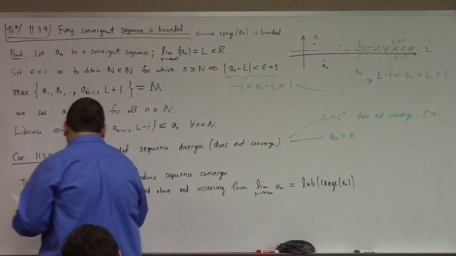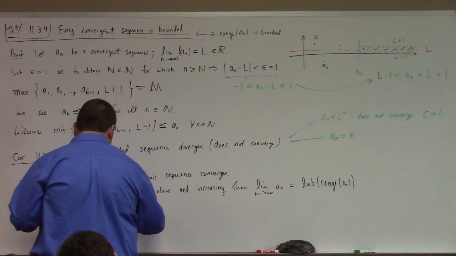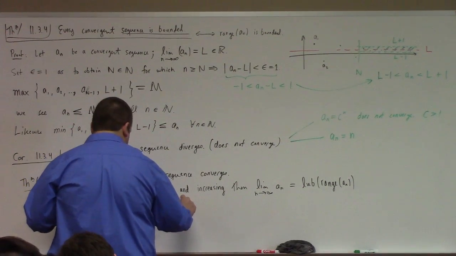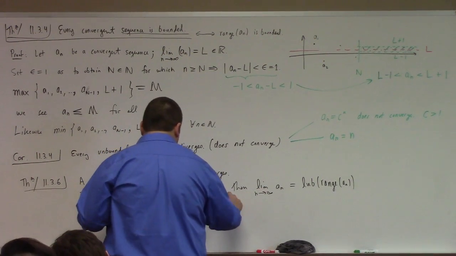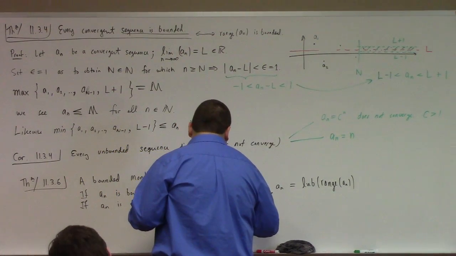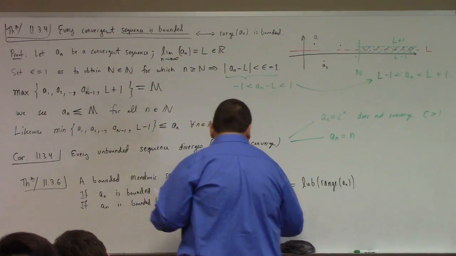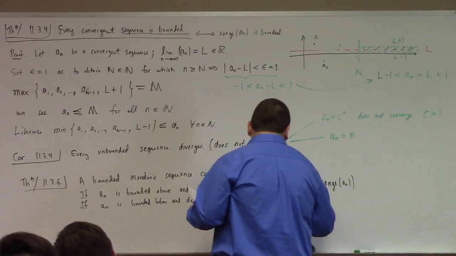And if a_n is bounded below and decreasing, then the limit as n goes to infinity of a_n is equal to the greatest lower bound of the range of the sequence.